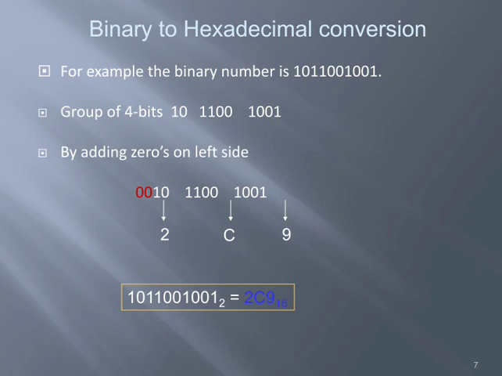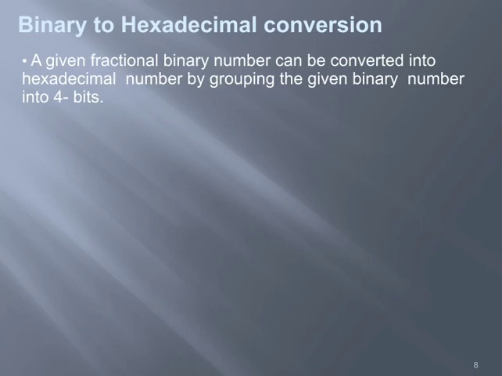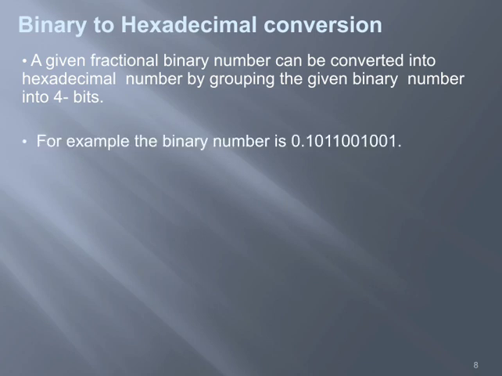So this is the procedure of converting a binary number to a hexadecimal number. A given fractional binary number can be converted into a hexadecimal number similarly by grouping the given binary number into 4 bits.